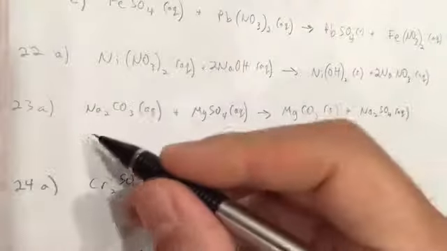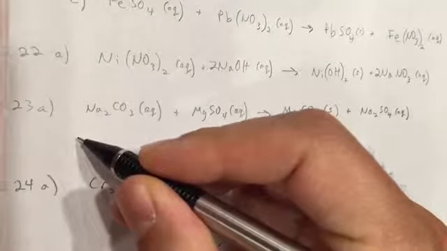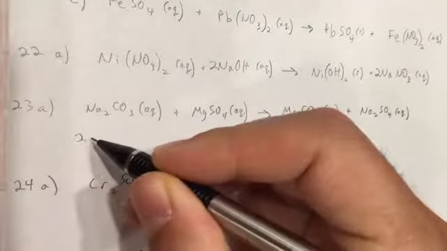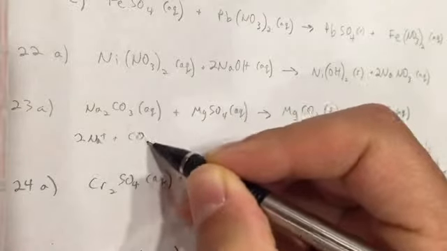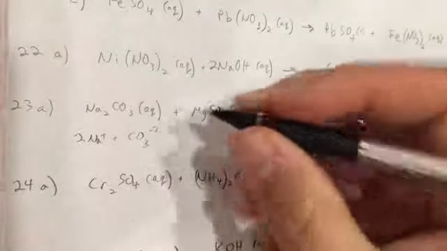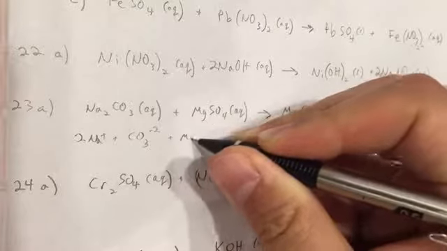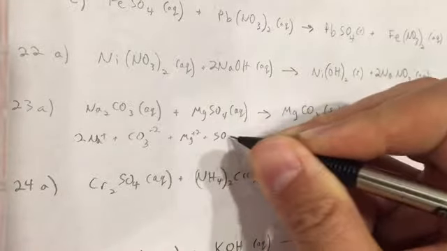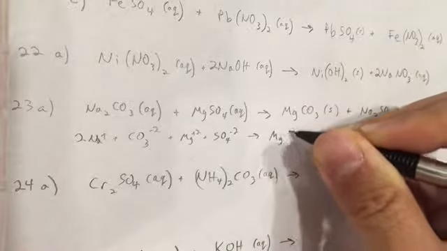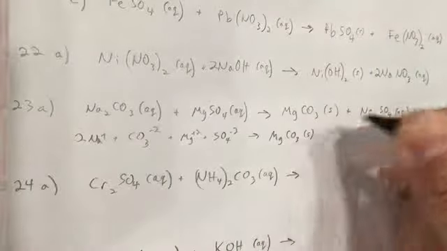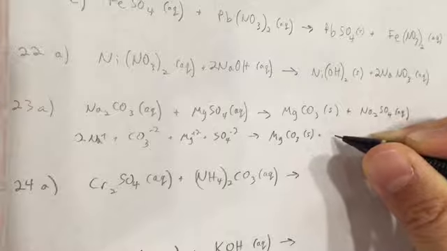So if we broke this into an ionic equation, we'd have 2 Na's and a CO3 and magnesium and sulfate. MgCO3 is not broken up into ions because it is a solid.